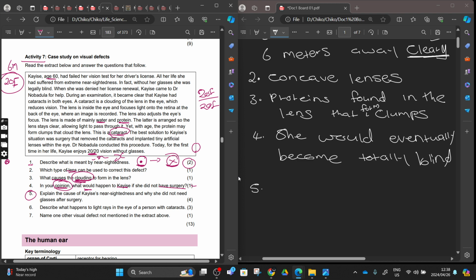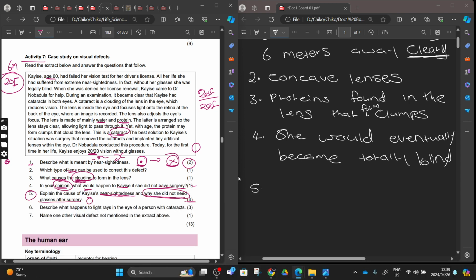Number 5, explain the cause of Khanyise's nearsightedness and why she did not need glasses after surgery, 4 marks. So you want to explain why she was nearsighted, and also why she did not need glasses after surgery. She did not need glasses after surgery because her lens was fixed.